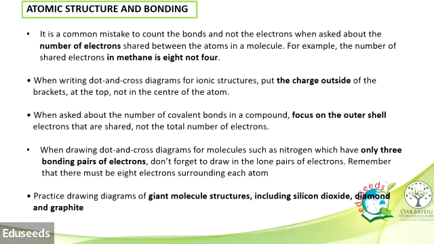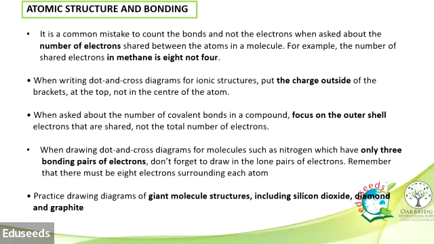When you are drawing a dot and cross diagram for molecules such as nitrogen, which have only 3 bonding pairs of electrons, don't forget to draw in the lone pairs of electrons. Like on the shell of nitrogen, you need to draw electrons. Remember that there must be 8 electrons surrounding each atom.